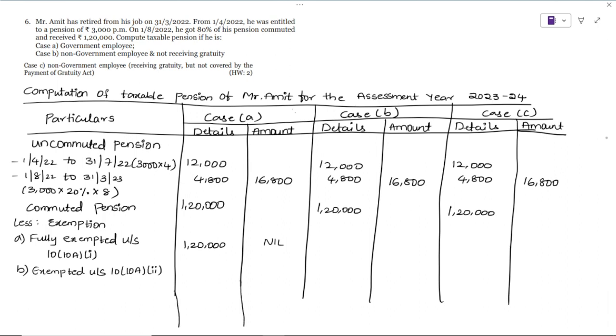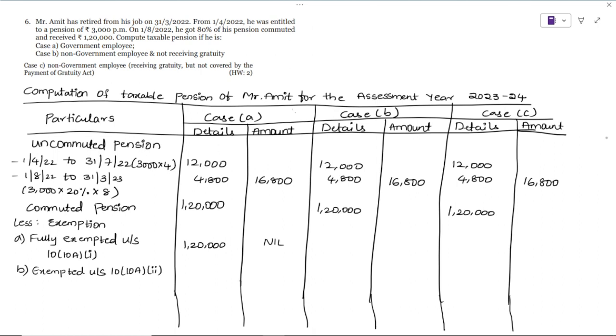Now please remember what this case B is. Non-government employee. And is he receiving gratuity? Not receiving gratuity. So if a non-government employee is not receiving gratuity, it is clause 2. So not receiving gratuity, how much is exempt? 1/2. So that we have to give as exemption.